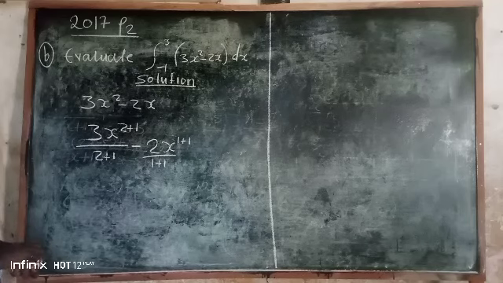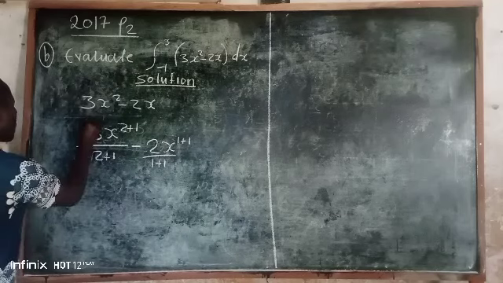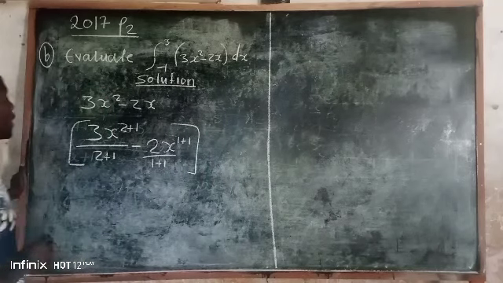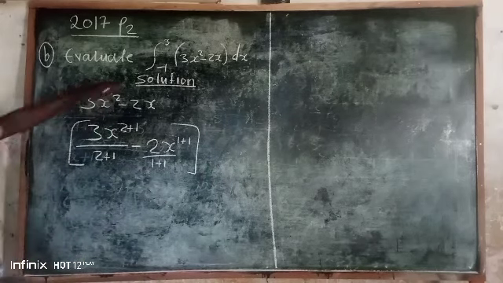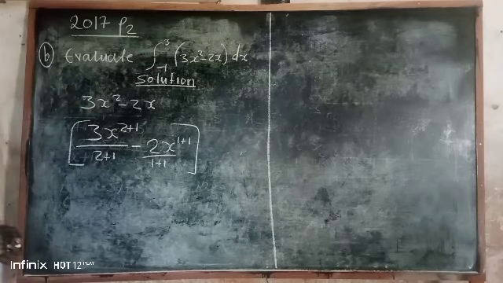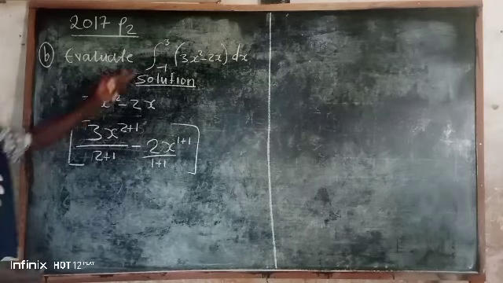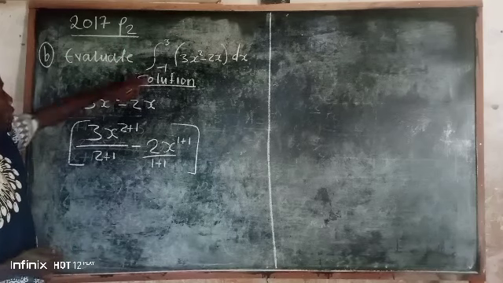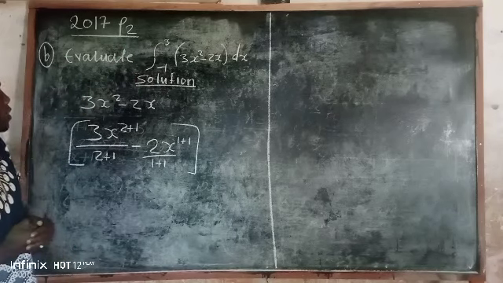That is integration. From there, we are going to introduce the curly brackets, and indicate the limits that we are given. The one on top is called the upper limit, and the one down there is called the lower limit.